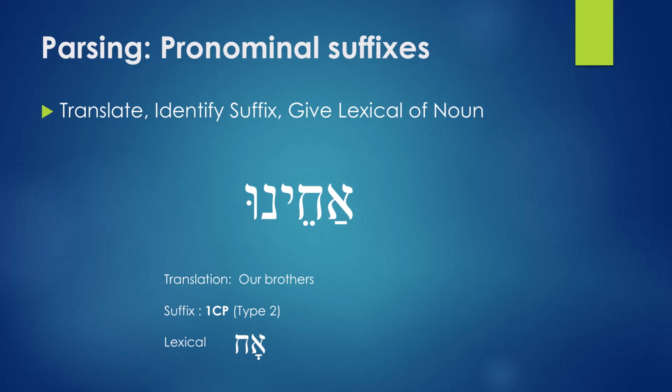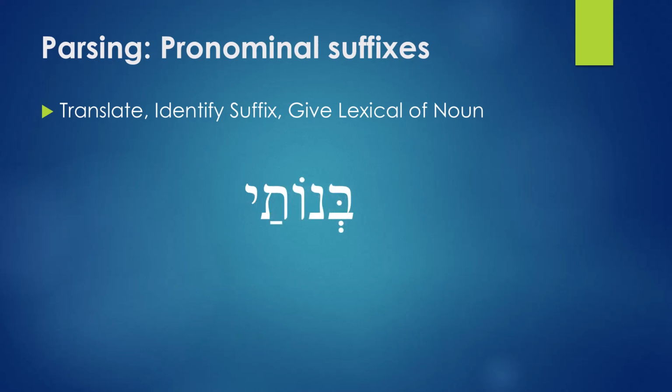That means our brothers. The word is coming from ach, and ach means brother. It's plural because type 2 suffixes are added on plural nouns. So acheinu means our brothers.